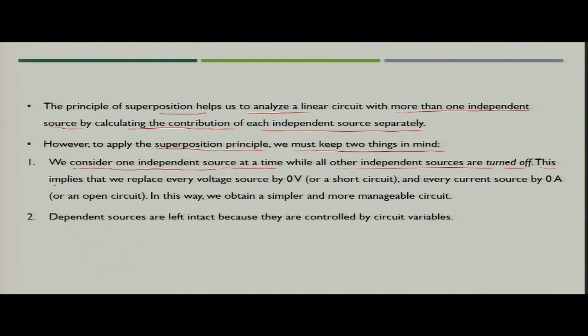In the case of a voltage source, it will be short circuited, and in the case of a current source, it will be open circuited. So, if you have multiple voltage and current sources in the network, you will take one source at a time, and the other sources would be short circuited if they are voltage sources, and open circuited if they are current sources.